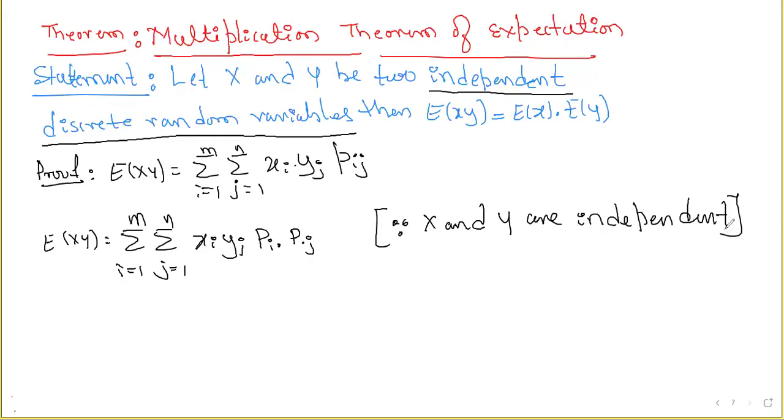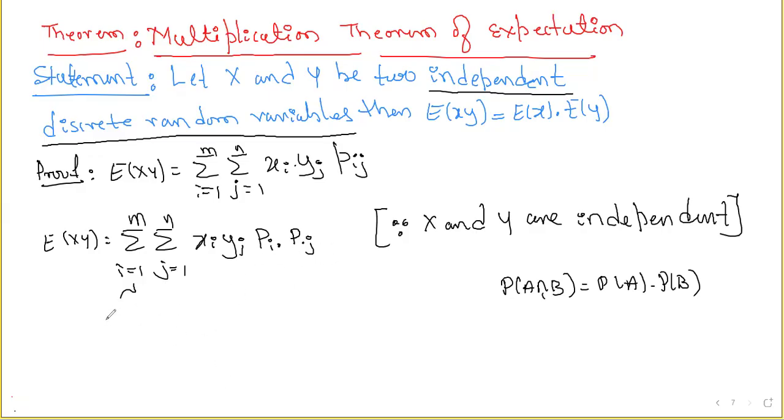So whenever x and y are independent, that is nothing but our multiplication theorem of independent variables, right? So probability of A intersection B is probability of A into probability of B. This is called multiplication theorem of independent observation. P of A is nothing but pi dot, and P of B is nothing but p dot j, like that, right? So here, this is individual multiplication.